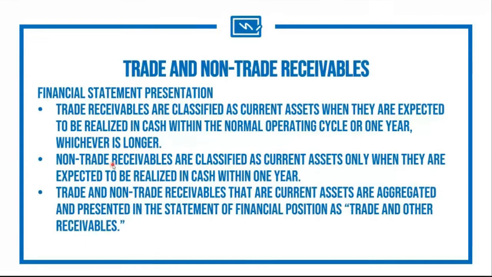So for our financial statement presentation, yung trade receivables, general rule, always current. Okay, so kapag silent yung problem as to the period of collectibility of your accounts receivable or trade notes receivable, automatic lahat yan ay current na. Okay? Kasi nga, kapag silent yung problem, ang assumption is it is still collectible within the normal operating cycle.